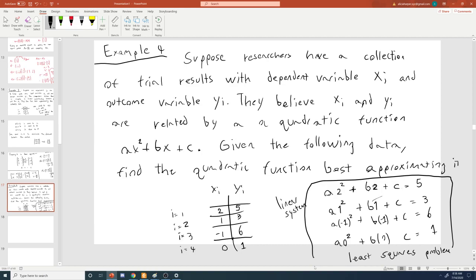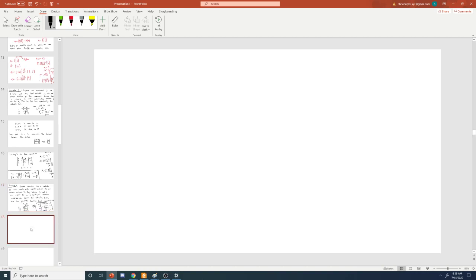So let's see how this goes. What we do is we simply convert it into matrix form. So I'm going to have my a, my b, and my c here. And then it's going to get multiplied by a 4 by 3 matrix.